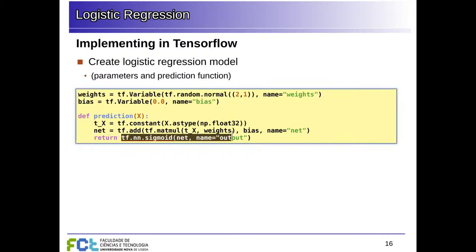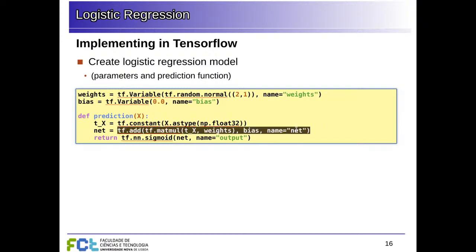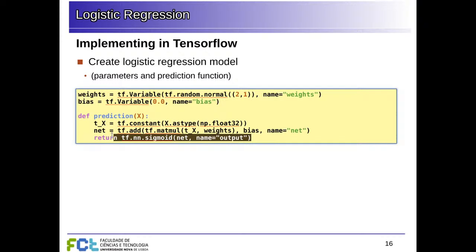It's a tensor with the sigmoid activation of all the products of the vectors we input here as examples and the weights that we have, plus the bias. So this gives us a tensor that has the predictions for all the examples we input in this function.